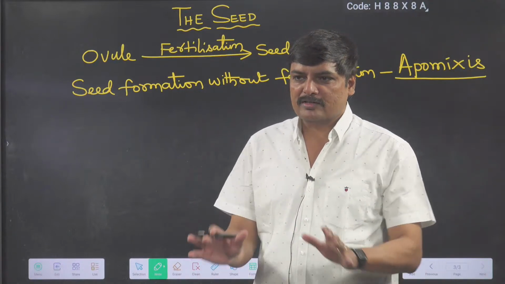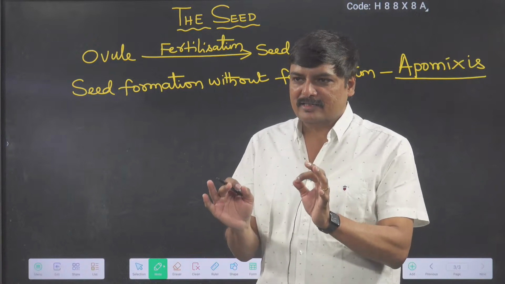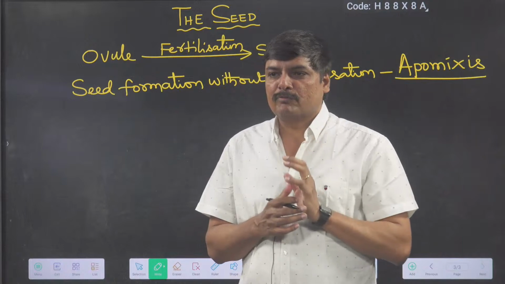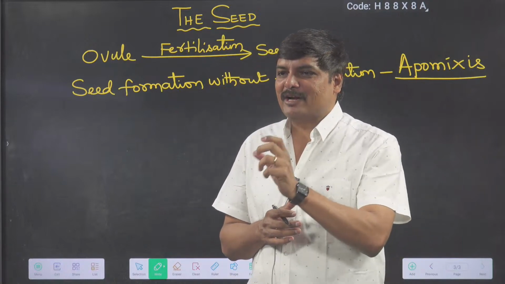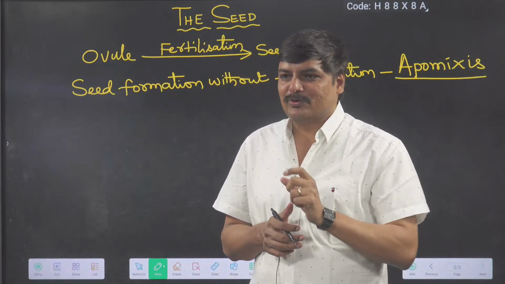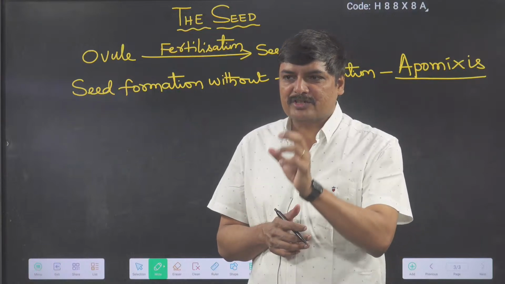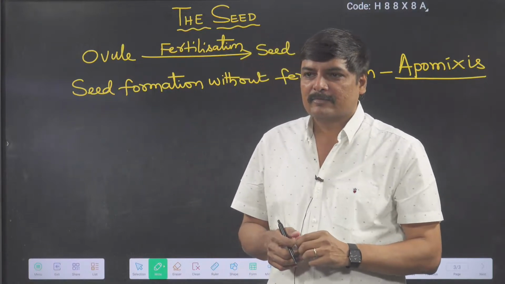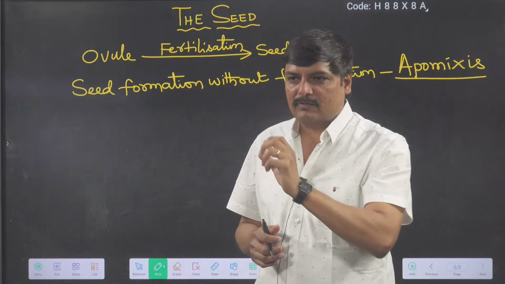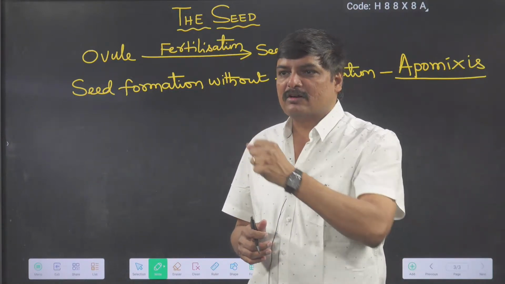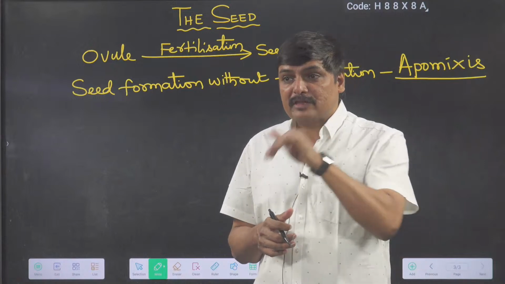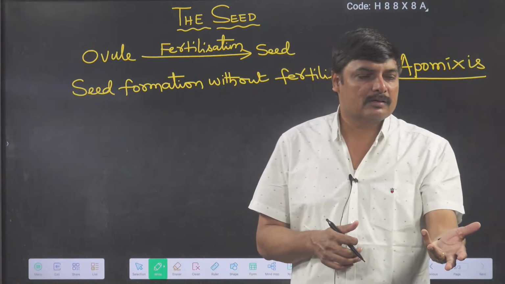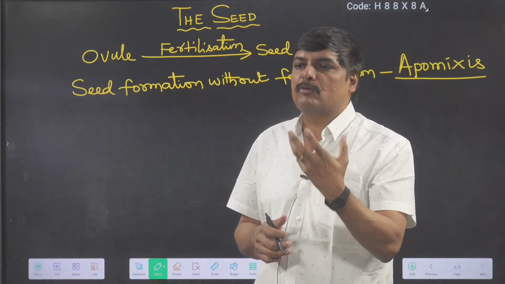Okay, I think you understand what a seed is in botanical terminology: fertilized ovule, ripened ovule, a mature ovule. After fertilization, ovules become seed. The product of a fertilized ovule is called seed. Even without fertilization, in some species, seeds are formed. That phenomenon is called apomixis.